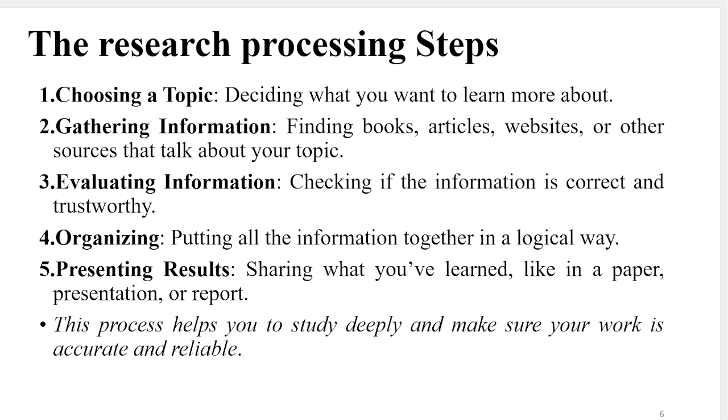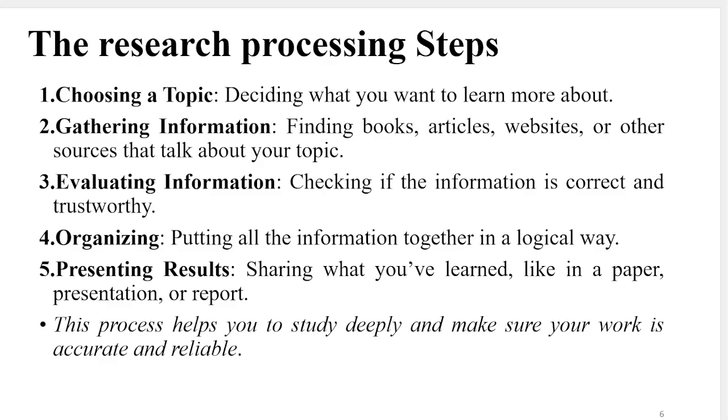Now let's look at the main steps of the research process. First, choosing a topic. This means deciding what you want to study or learn more about. The topic should be clear and related to your field. Second, gathering information.